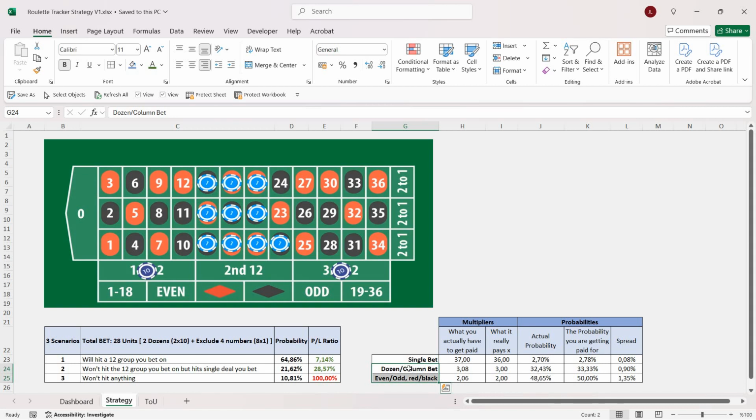In dozen and column bets, instead of earning 3.08, you're earning 3, and in the even-money type of bets, instead of getting paid 2.06, you're getting paid 2 times more. This is the reason you're getting crushed by statistics in the long run. You can even see the spreads for each bet type. This is the reason why the house always wins.